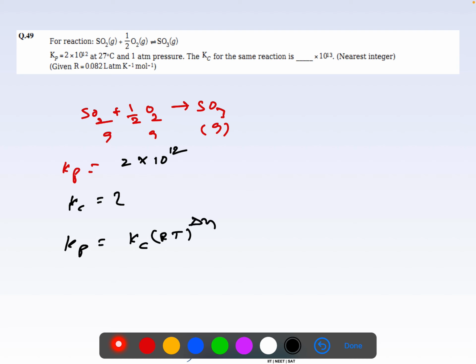Here the number of moles of reactants is 1.5 and the number of moles of products is 1. So delta n is equal to 1 minus 1.5, that is minus 0.5.